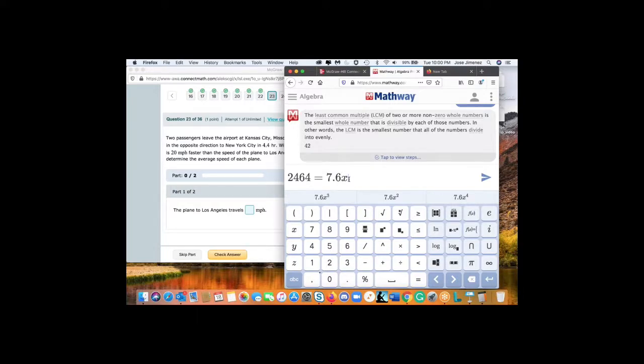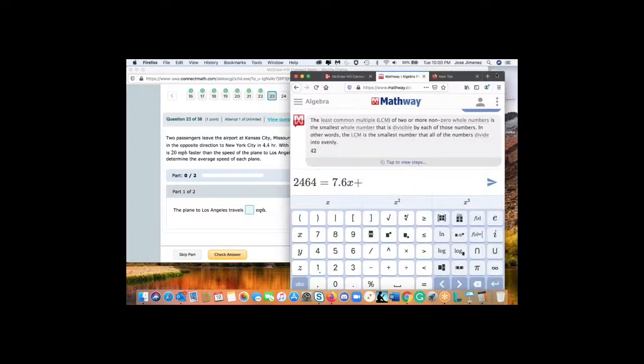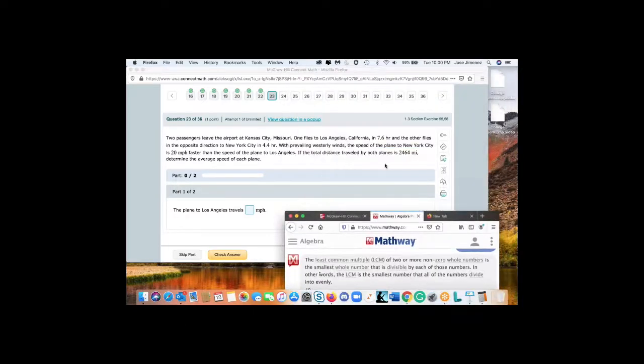Plus the second one is going in the opposite direction, 4.4, and we know something about it. The velocity, they say, is 20 miles per hour faster than the speed of the plane to Los Angeles.